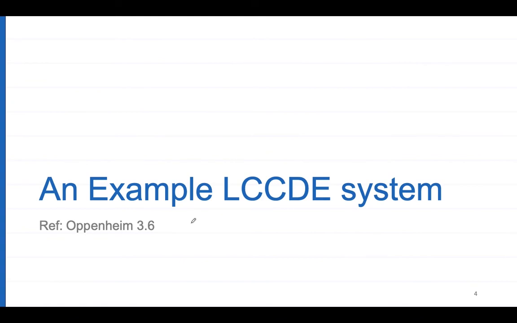Instead of looking at the general theory, which we'll be doing later anyway, let's first consider a simple example, which will help you understand how we solve in general.